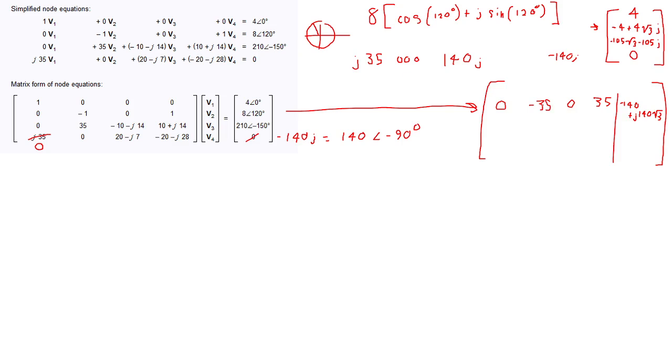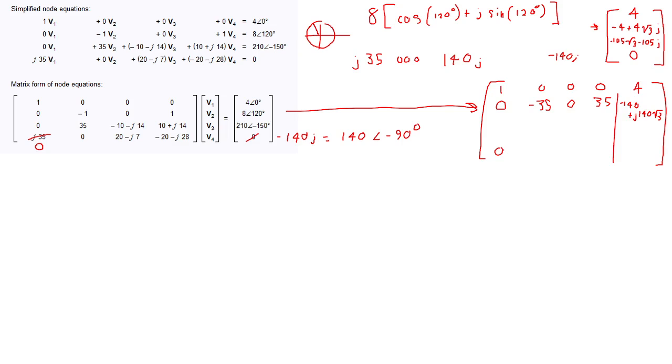All right, so I'm just multiplying regular 35 through because that's what I need to clear. So I get a negative 35, a positive 35, and then these 140 terms here. And so I'm trying to clear the 35 from our third row now. So I didn't change the top row, so the top row is still 1, 0, 0, 0, 4.